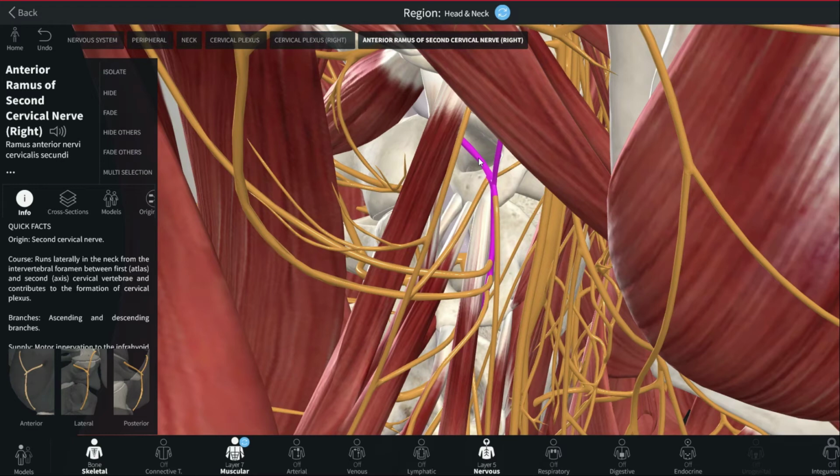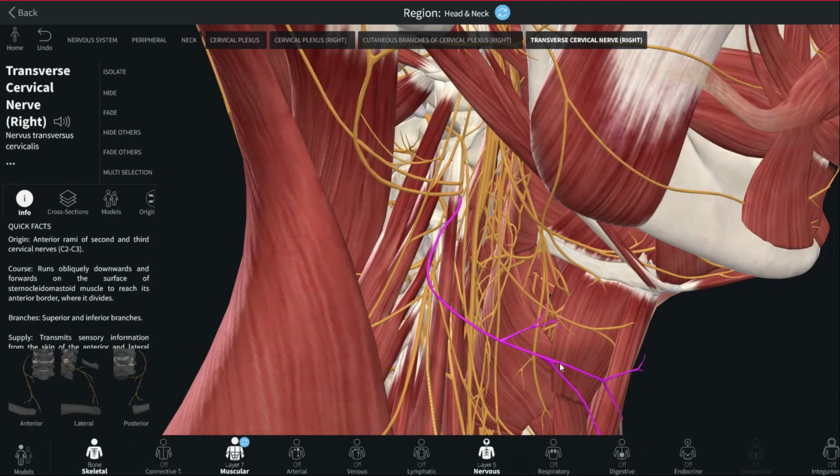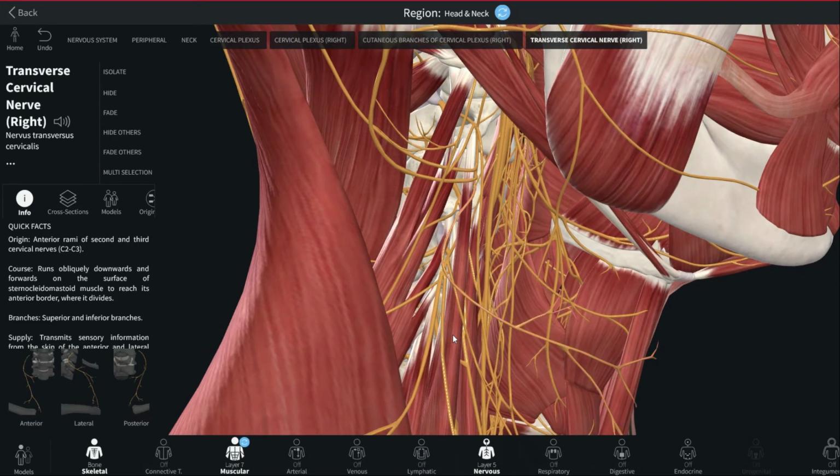So they're all coming out from there according to their root values, using a little bit of logic. And the transverse cervical will supply the skin over the neck region, in front of the neck region, right? So that is why it is transverse cervical. Okay. So that's the transverse cervical nerve for you.